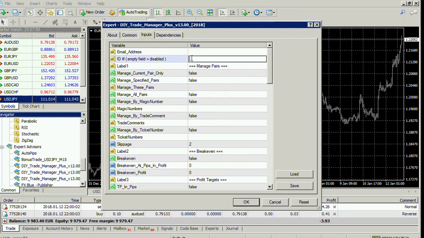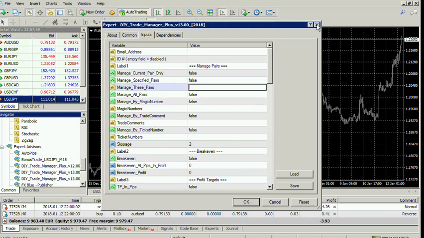This would be S, with the magic number normal, and this one we would make managed by Euro USD, etc. So it's just a repeat of what I've shown you.